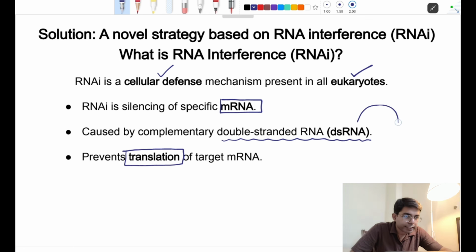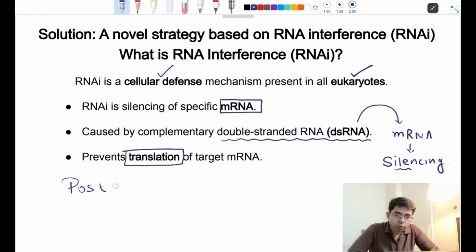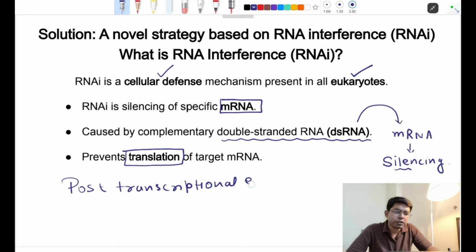This double-stranded RNA will act on mRNA, and it causes silencing of mRNA, because it takes place after transcription. So it is called a post-transcriptional event.